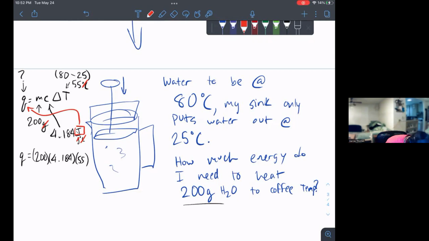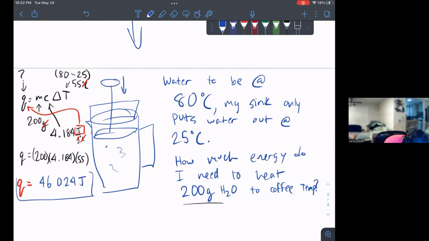And we get that the energy that we need is going to be 46,024 joules of energy. That is quite a bit of energy to heat up my coffee. But that's all there is to it. We can also go backwards.